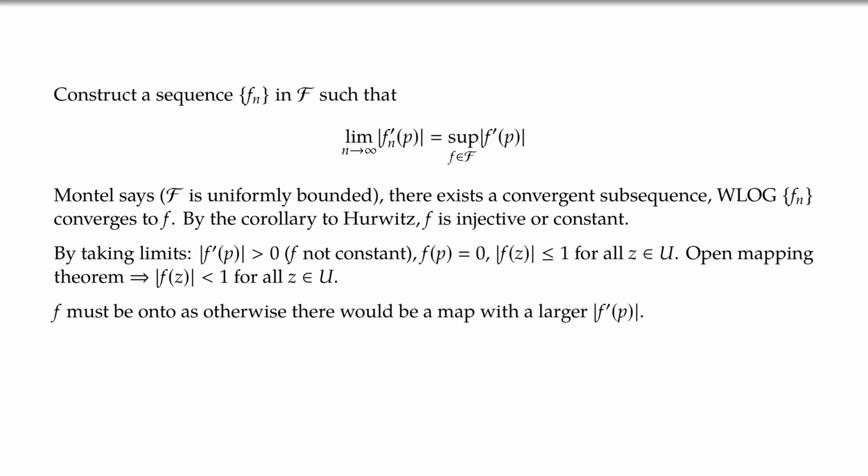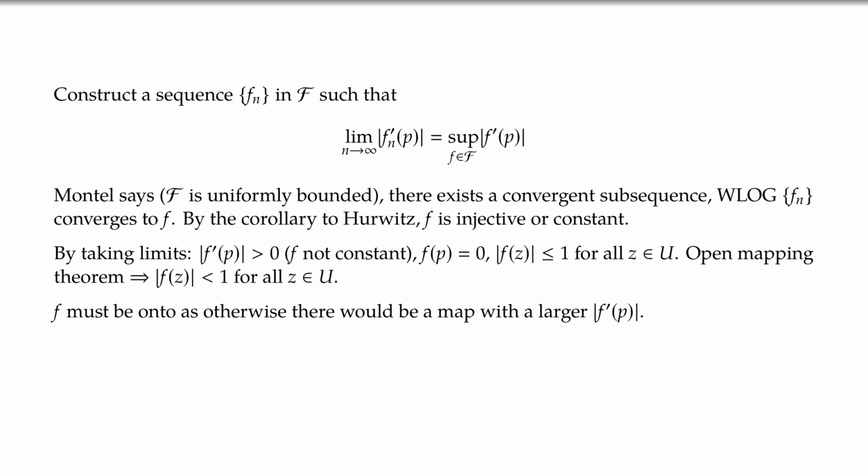Now f must be onto, because if it was not onto, then we could construct something with a larger derivative at p, and we know that this is the maximum, right? There is no f with a larger derivative at p.